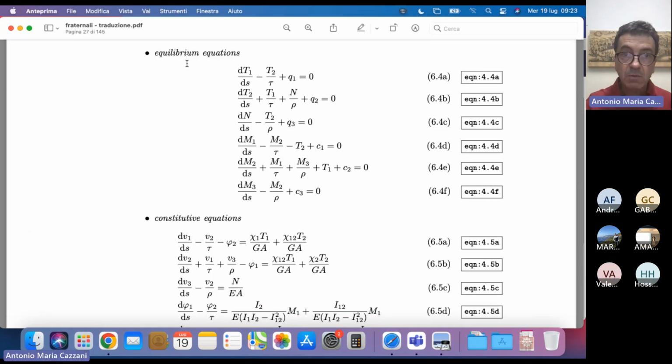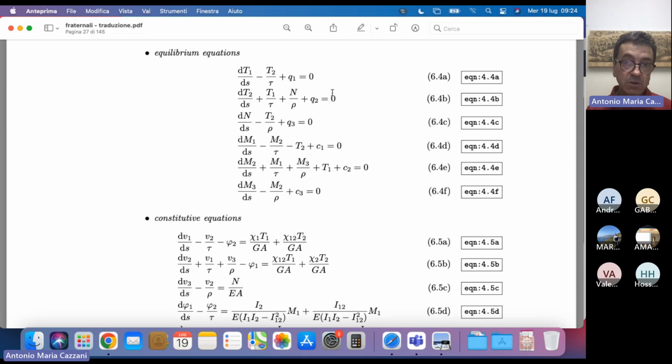So we have equilibrium equations which connect what we can see as the resultant and resultant moment at the section level projected on the three moving axes, respectively the binormal, first direction, principal normal, second direction, and tangent, third direction.